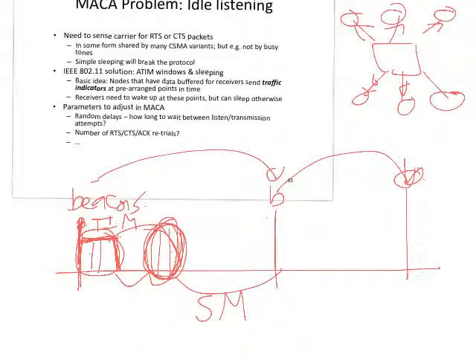Because if you know this intention, then you can sleep before it and wake up right before you expect to receive the data, and then sleep after. Okay? So this traffic indicator map will help the nodes schedule their wake up and their sleep time. Okay?